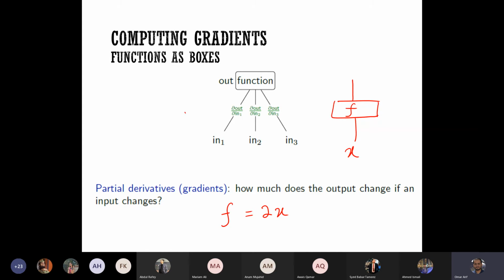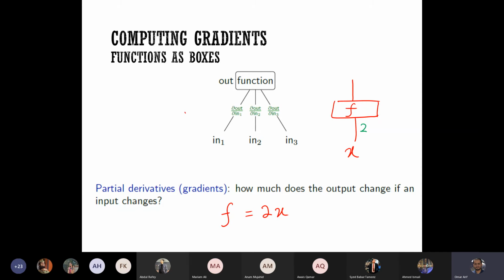And on the edges, I am going to write the derivatives. What is the derivative in this case of the simple example? It is 2, right? Because if you take the derivative of f with respect to x, with respect to the input, the derivative is 2.